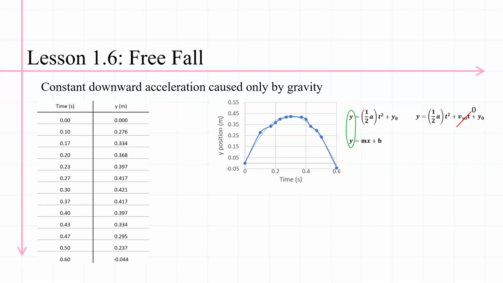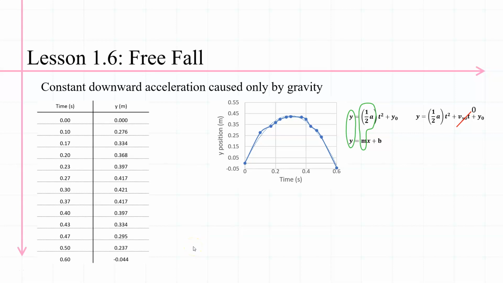And so I need to correspond it either to a constant or to a set of constants that are being multiplied together. In this case, I see that m is going to be 1/2 a. Wait a second, is a constant? Well, think about it. We said that in free fall, acceleration is this constant negative 9.8 meters per second squared. And then 1/2 is constant, so 1/2 times 9.8 is a constant value.